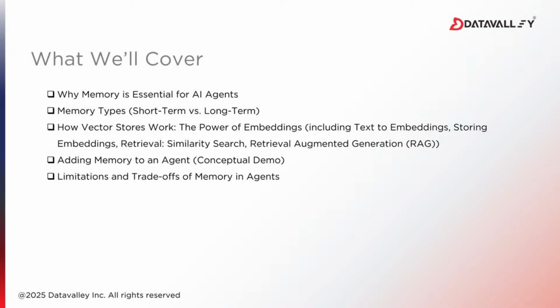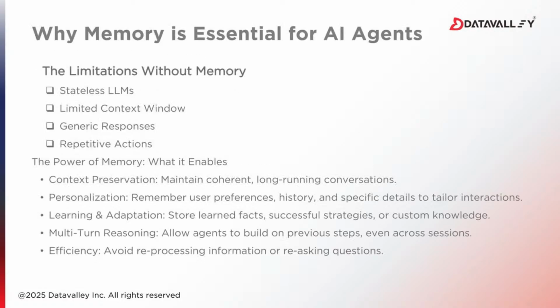That concept comes under how vector stores work, by creating embeddings and how they store the data in the memory of an agent. Next, adding memory to an agent. Using some coding samples, I'll show you how to add memory to an agent. And next, we'll move to the limitations of memory in agents also. These we are going to cover today.